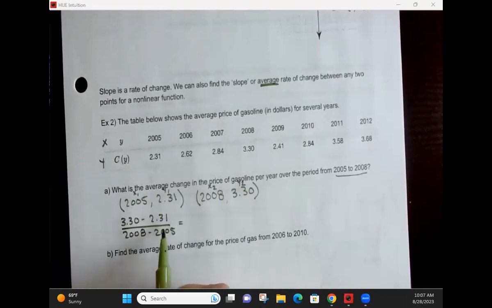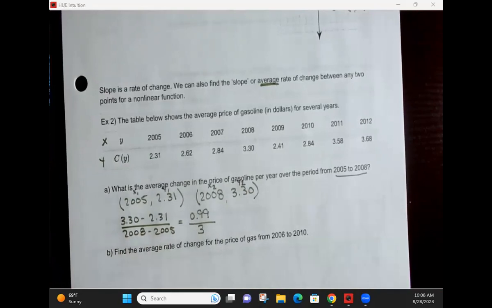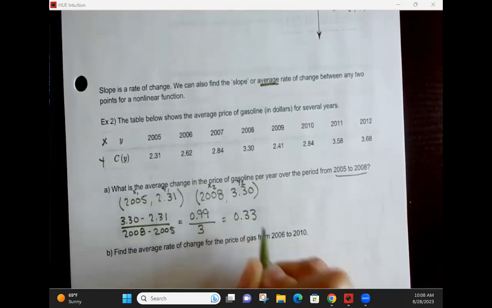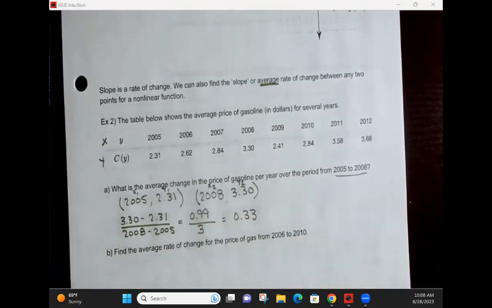So on top, my difference in price would be 0.99, 99 cents, almost $1. And the difference in time here is 3 years. And then we go ahead and divide that out, and we get 33 cents.